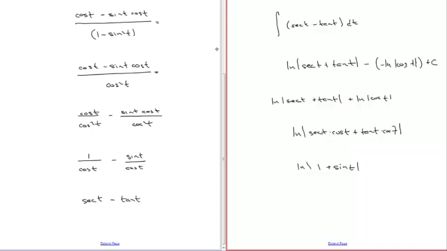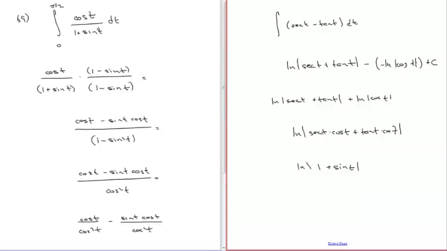So that's one way of doing the integral. And then I could stick the limits of integration from 0 to pi over 2. So let's go ahead and do that. So let's go back over here. Now this would have the arbitrary constant added onto it. Now if we do the definite integral, then it just becomes the natural log of the absolute value of 1 plus the sine of t evaluated between t equals 0 and t equals pi over 2.